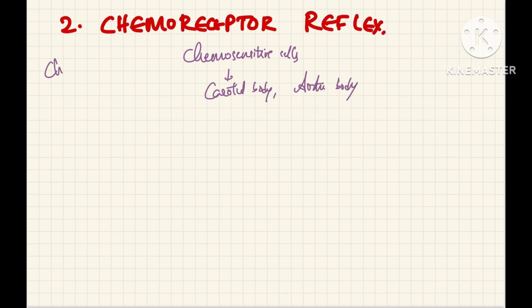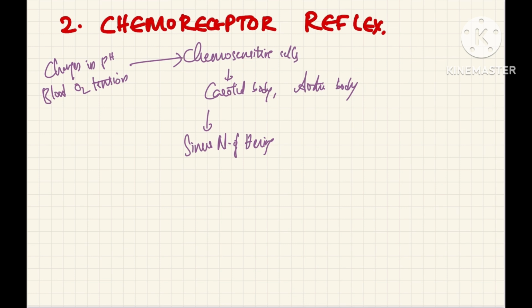With the changes in pH and blood oxygen tension, the chemosensitive cells detect this and send the information to sinus nerve of Hering, that is the branch of glossopharyngeal nerve, and vagus nerve.